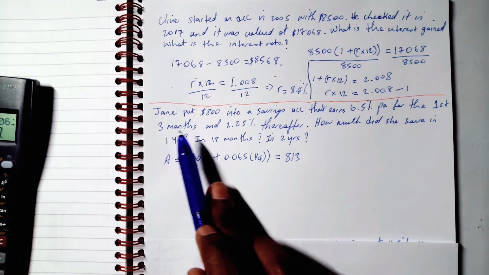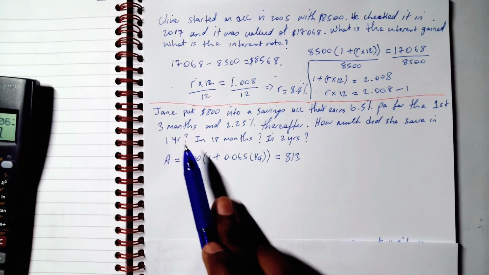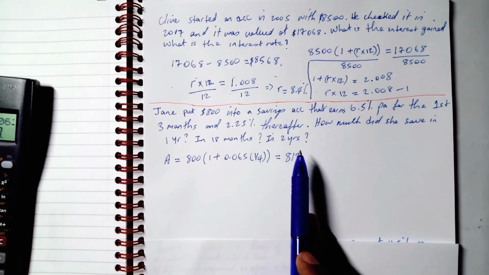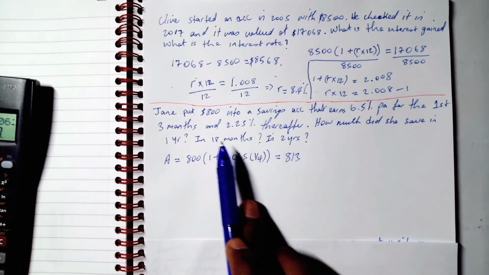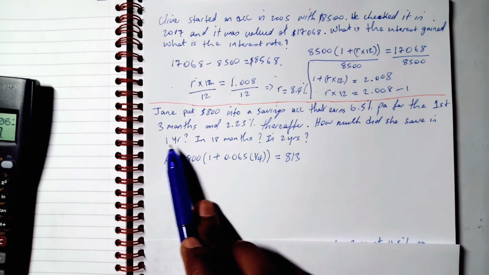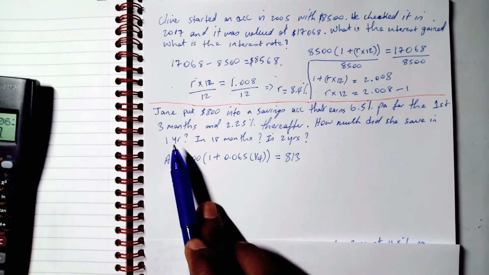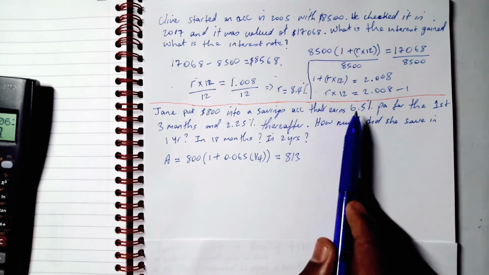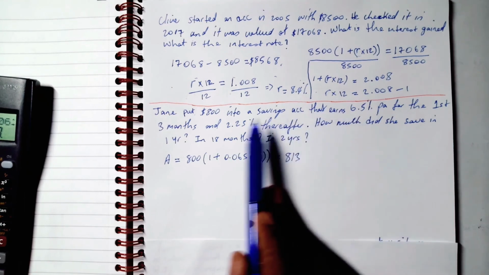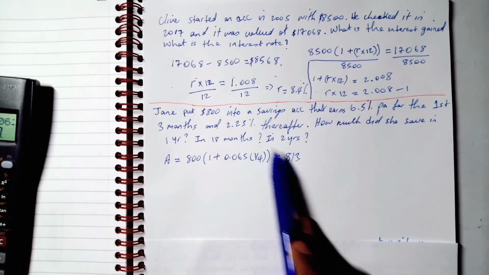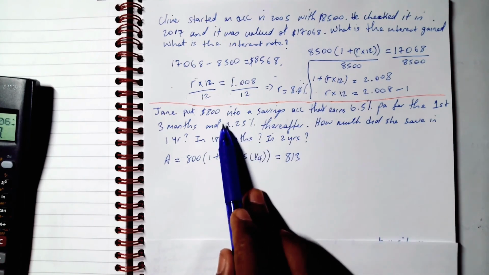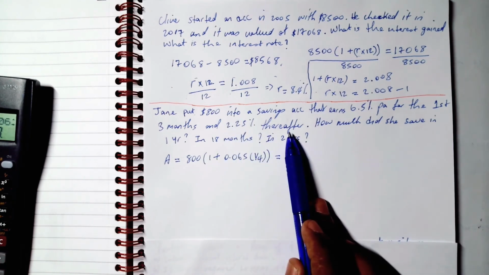Because we calculated 3 months already at this rate, we want to know what this will accumulate to at the end of the remaining 9 months for the year. Do you see what's going on? So we accumulated this at 6.5% for the first 3 months and got this.